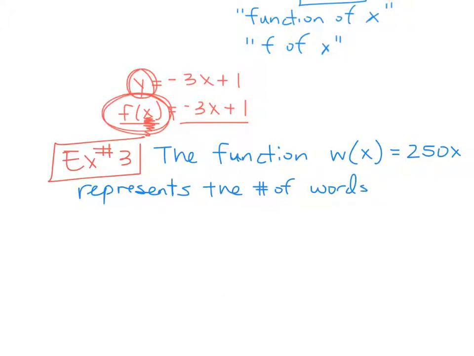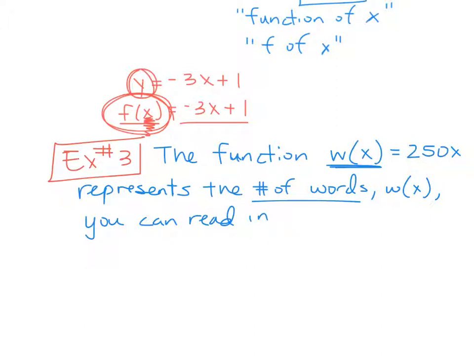I'm not going to put a parenthesis around that, so it's not going to throw you up. The number of words w of x. Okay, so this right here, w of x, is representing the number of words. That's what that is. So the number of words w of x you can read in x minutes.